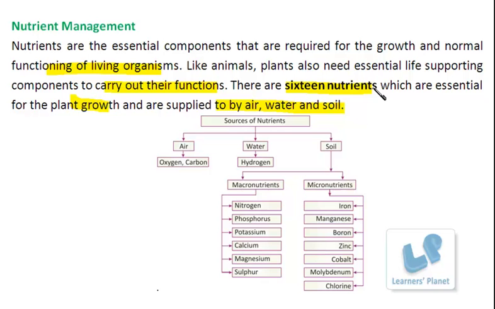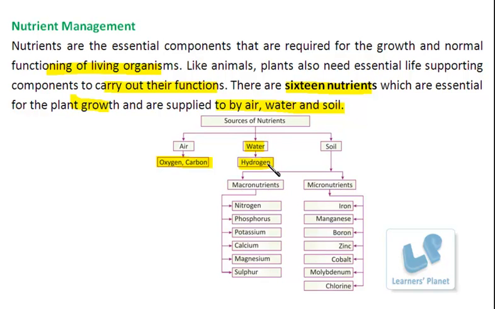I'm not talking about air and water in this regard, because air supplies oxygen and carbon, which have a particular proportion in the air. It may vary because of pollution or different man-made activities, but it is definitely present there. Then the hydrogen is supplied through the water.